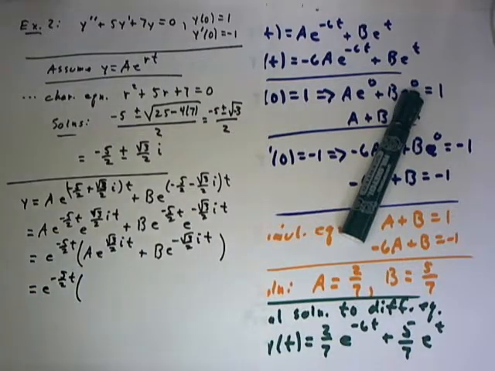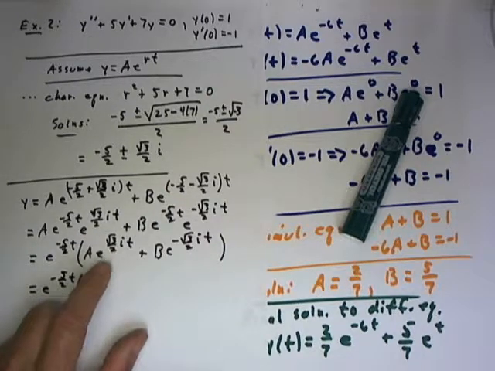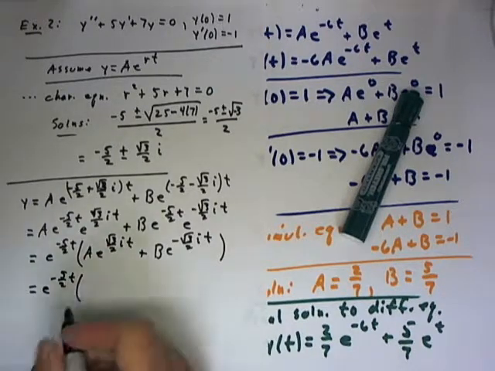Now, applying Euler's identity, e to the square root of 3 over 2 i t is cosine of square root of 3 over 2 t plus i sine square root of 3 over 2 t.